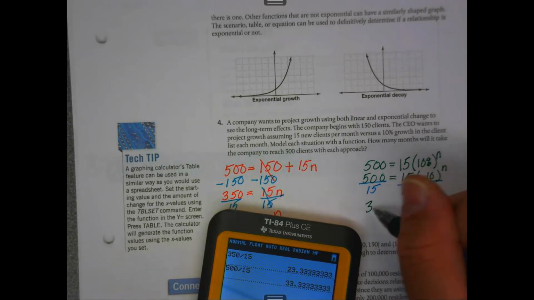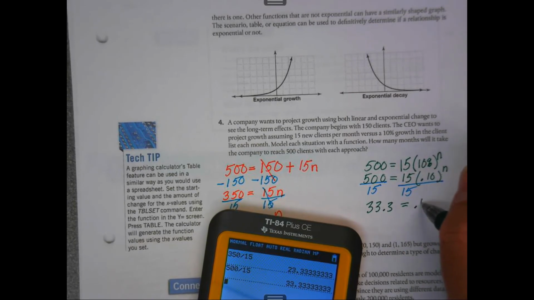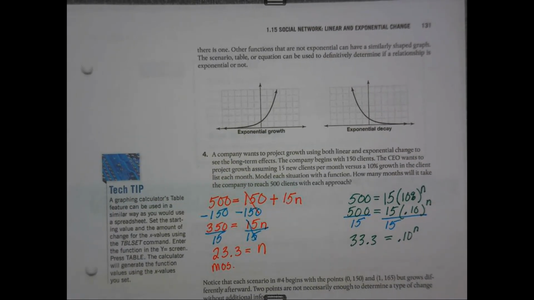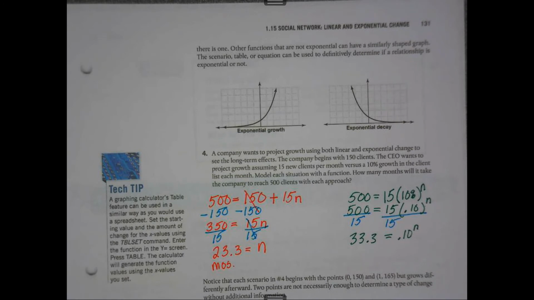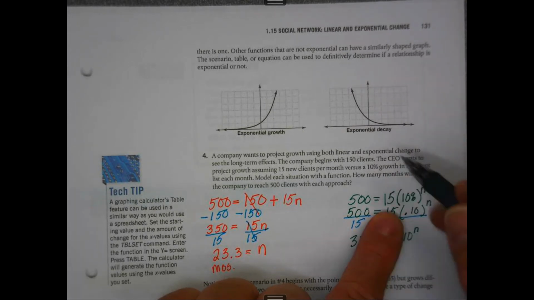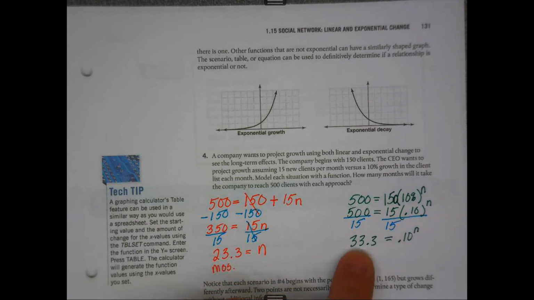Get 33.3 equals 0.10 raised to the n. Oh, wait, something's wrong. I made a mistake. It should be 15. We started with 150, so I forgot a zero here.